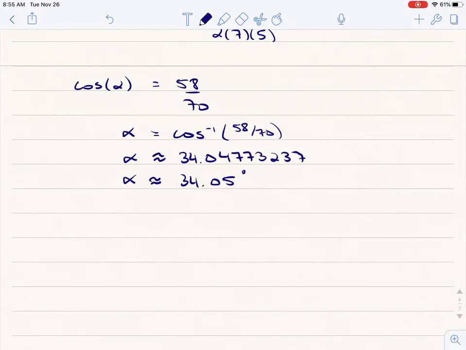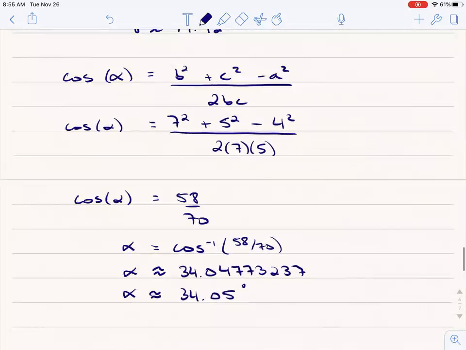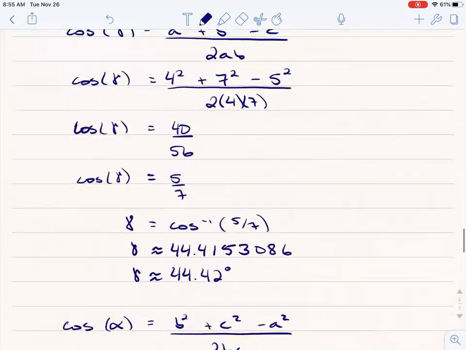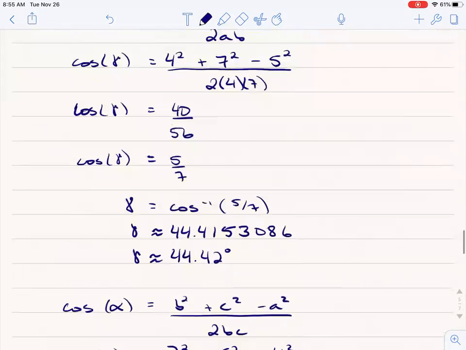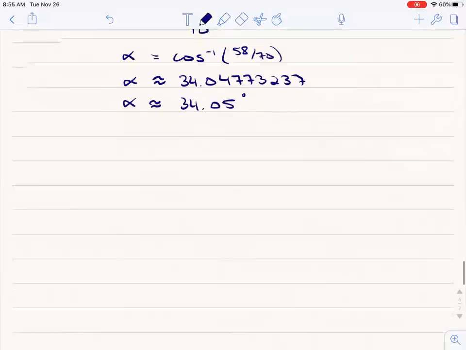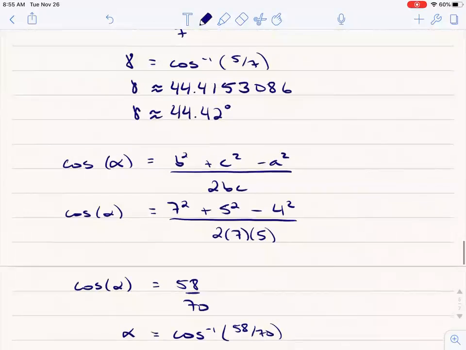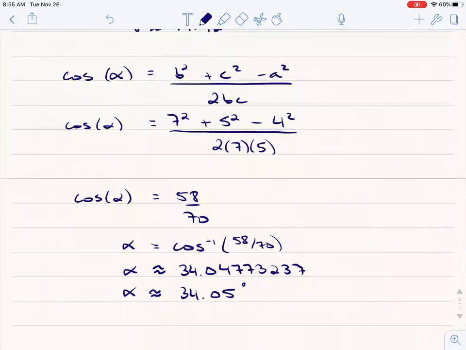So now, if we have to sketch this out, our angles kind of tell us the shape of this thing. We've got 34 degrees, 44 degrees, and 101 degrees. Again, beta is my largest angle, so I'm going to start there. The difference between an angle of 44 and 34, if we're sketching it, doesn't really matter.